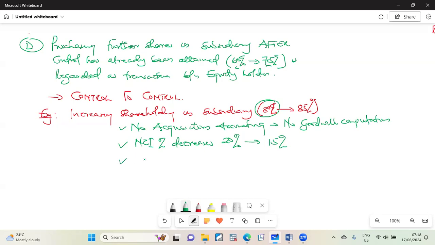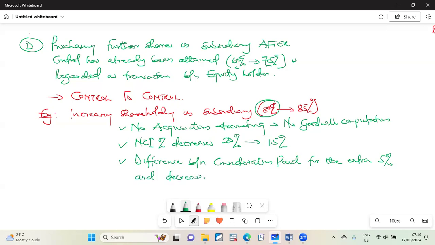So you find the difference between consideration paid for the extra, in our case 5%, and the decrease in NCI. All right. So that is what you are going to do.